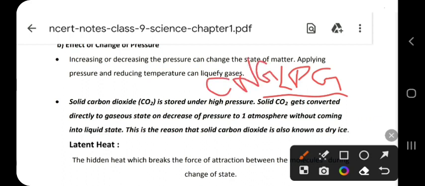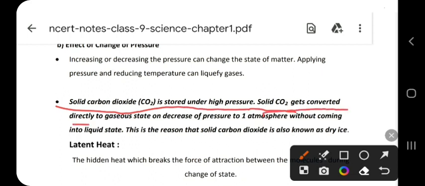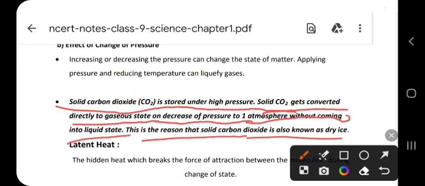CNG is used as fuel in our vehicles like rickshaws, etc. Solid carbon dioxide is stored under high pressure. Solid carbon dioxide gets converted directly to gaseous state on decreasing pressure to 1 atmosphere without coming into liquid state. This is the reason that solid carbon dioxide is also known as dry ice.